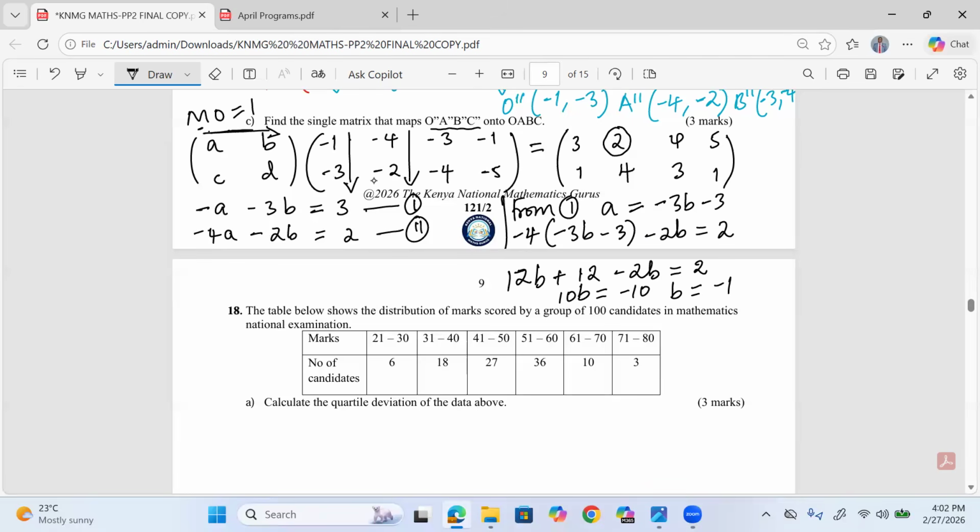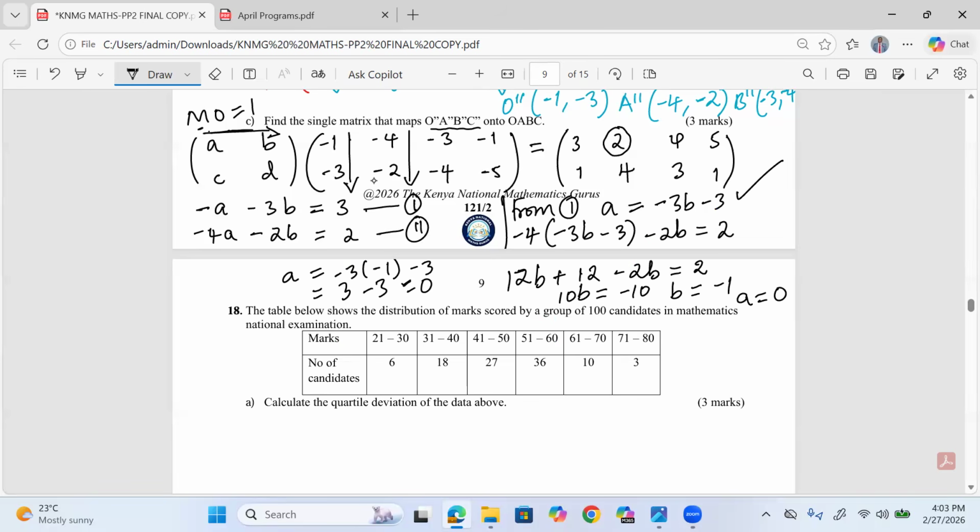If that is the value of B, then the value of A can also be gotten using this relation here. The value of A equals minus 3 times the value of B, which is negative 1, then minus 3. So what are we having there? Positive 3 minus 3. Ladies and gentlemen, I'm getting a 0. So as B is negative 1, A equals 0.